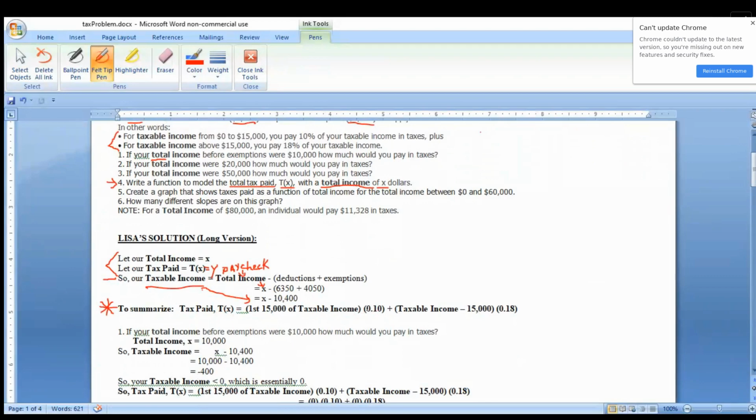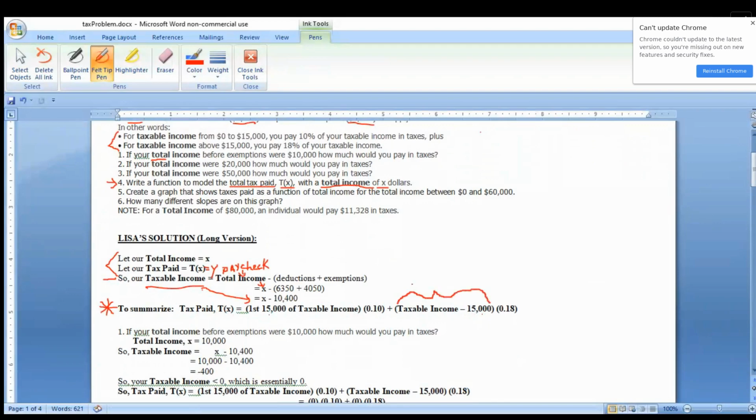So 10% times the first $15,000 of taxable income. Take that amount and add it to whatever's left over above and beyond that first 15,000. So I'd have to take 15,000 away from my taxable income because it's already accounted for here.